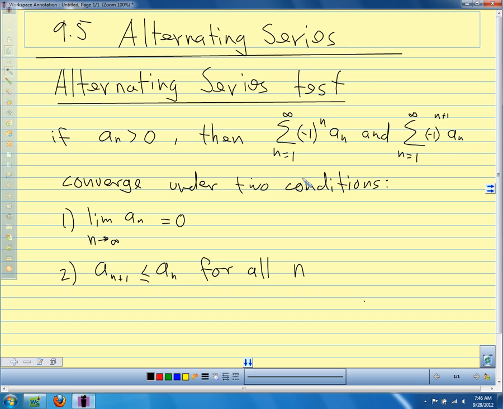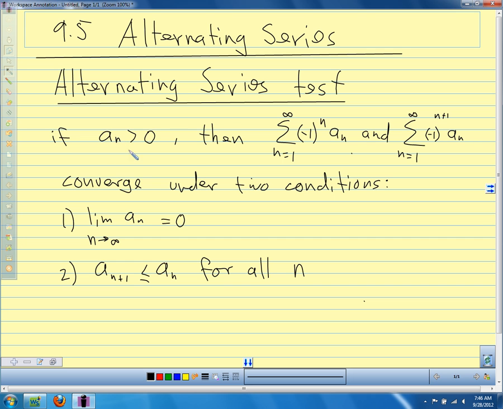So what I was talking about here is the way that we're defining our alternating series test. The a sub n is only the magnitude of the term. We're not looking at the sign at all. So we're only looking at the magnitude of the nth term.